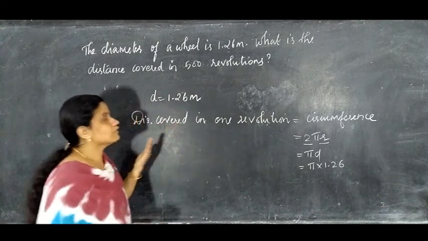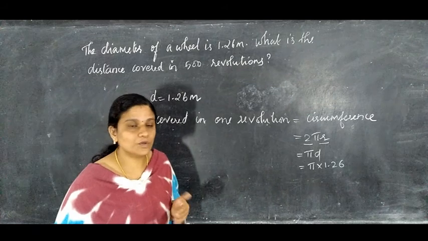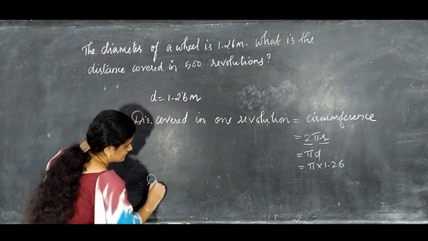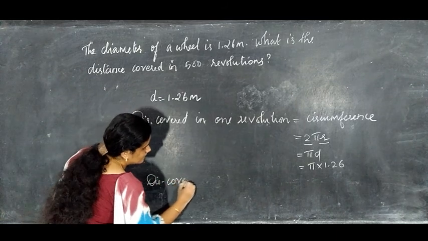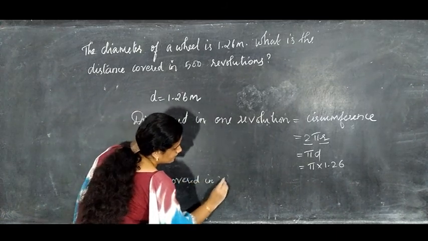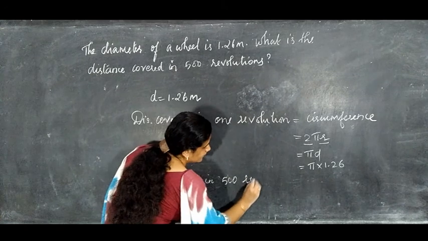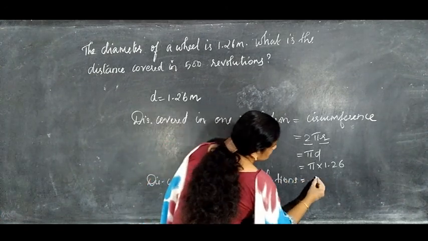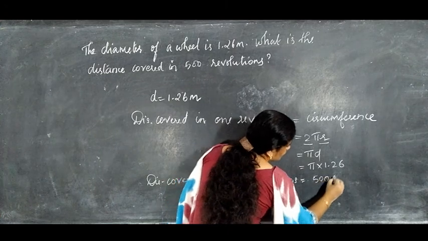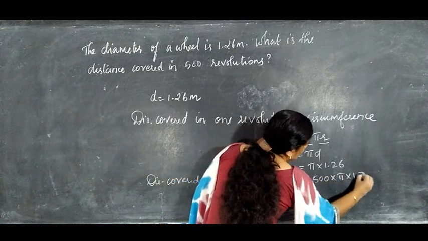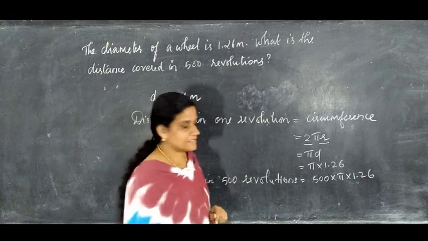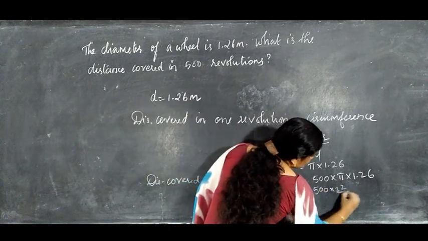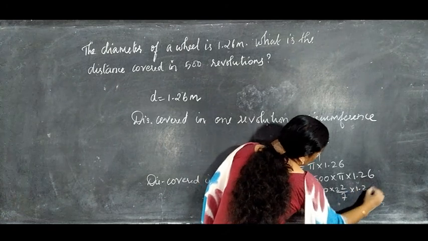Our question is in 500 revolutions. So what you have to do? Multiply into 500. So distance covered in 500 revolutions is equal to 500 into pi into 1.26. It is nothing but 500 into 22 by 7 into 1.26.